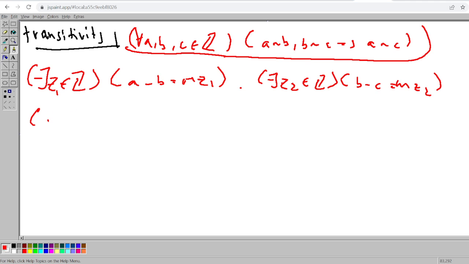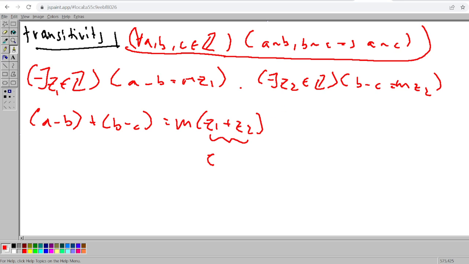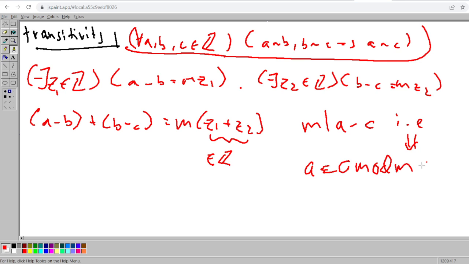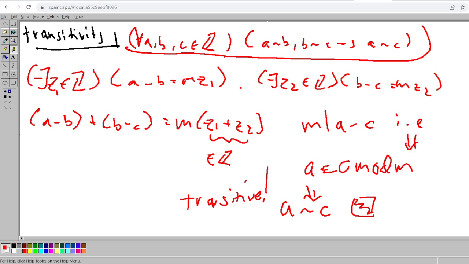Okay, so we can do A minus B plus B minus C, which is equal to m times (z1 plus z2), which is still an element of Z. And so we know that m divides A minus C, i.e., A is congruent to C mod m. And that is our proof, because that proves it is transitive.